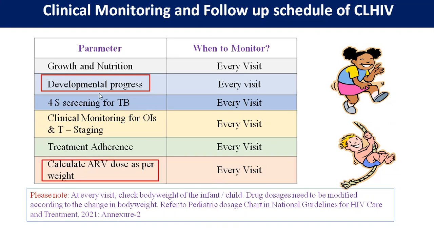So developmental progress. Again, if the child is above 5 years, all 4 milestones are achieved, meaning the baby has gross motor, fine motor, speech, and socio-personal development already and will go on developing. It's not that difficult if the baby is more than 5 to 6 years. But in a younger age group, the one very important question is: do you have any other kids other than this baby?